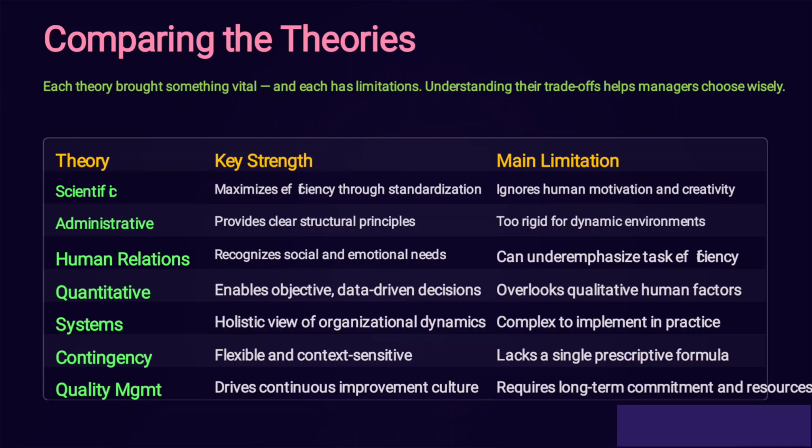The main limitation is that it is complex to implement in practice. Contingency theory is flexible and context sensitive. The main limitation of contingency theory is that it lacks a single formula. And quality management is the last one. Its key strength is that it drives a continuous improvement culture, and the main limitation is that it requires long-term commitment and resources.